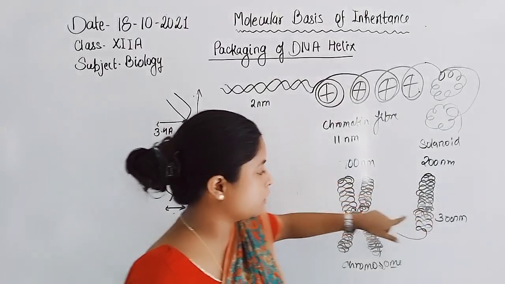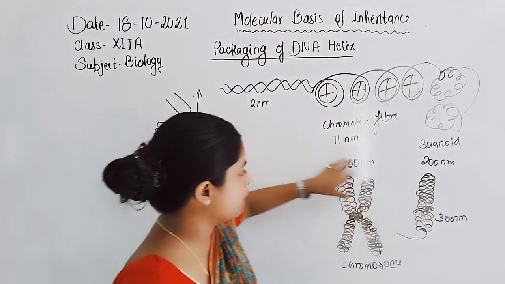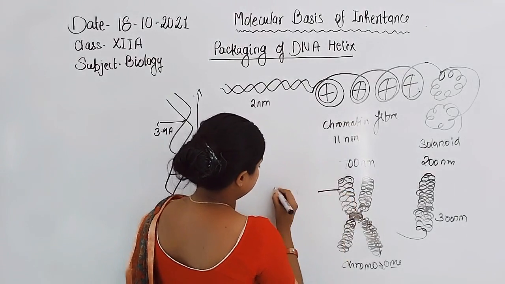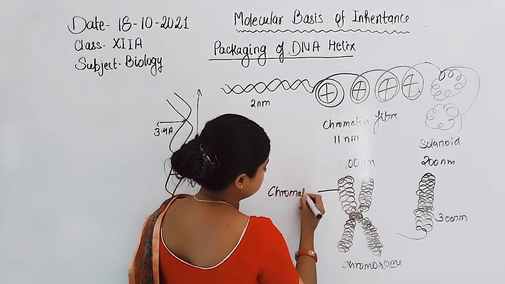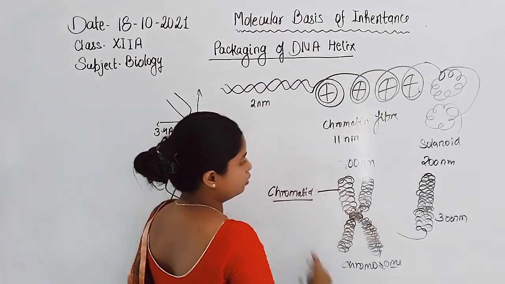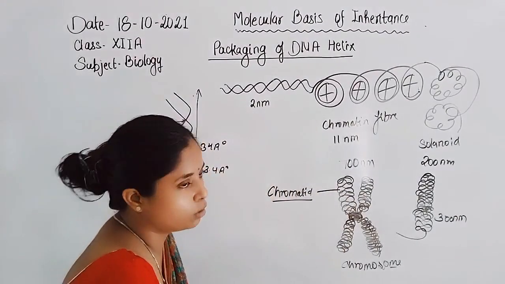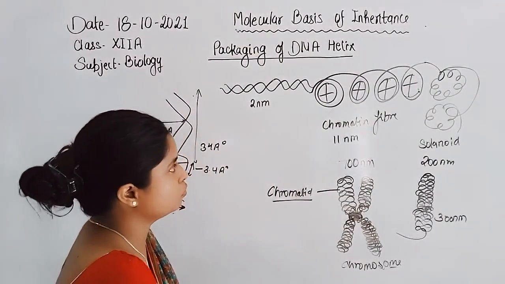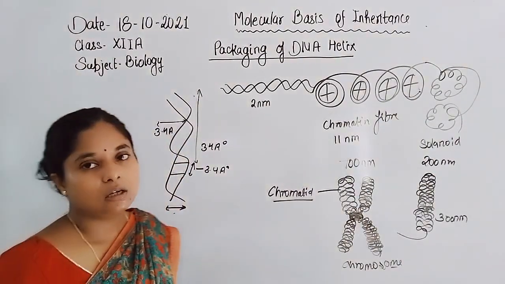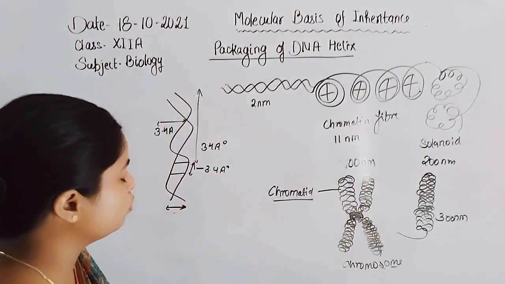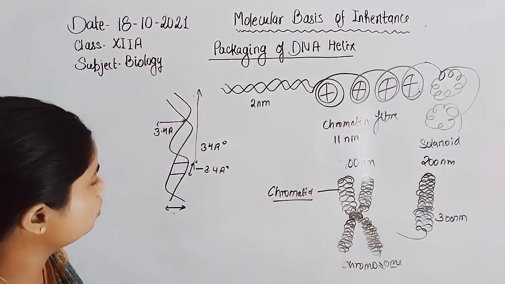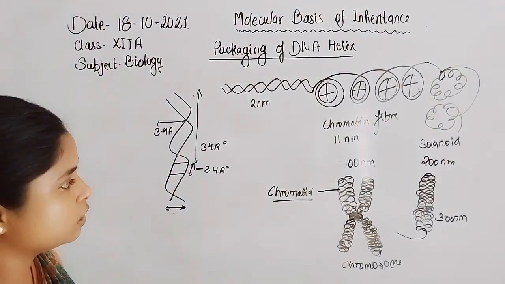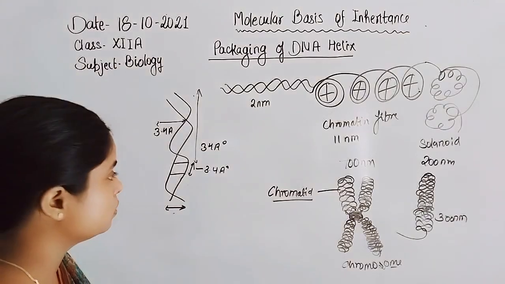That converts into 300 nanometer in a single strand. That is chromatid, not chromatin. The chromatid diameter is about 300 nanometer, and the overall chromosome is about 700 nanometer in diameter. So here is the overall packaging of DNA, how the DNA is converted to form a 700 nanometer chromosome. There is huge condensation of the DNA molecule.